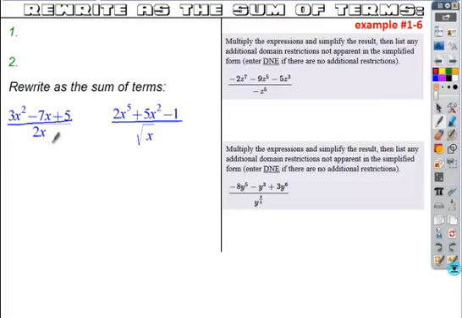You're first going to distribute your denominator factor into each individual term of your numerator.